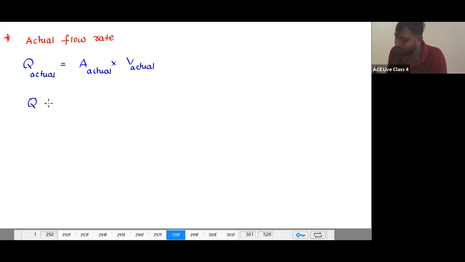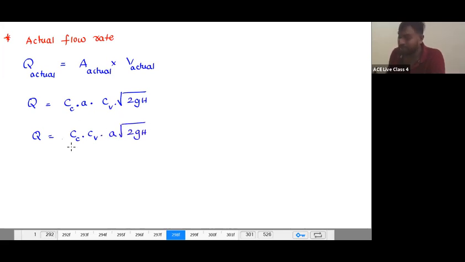So the actual discharge Q is equal to CC into A into CV into V. V is nothing but root of 2GH, so Q is equal to CC into CV into A into root of 2GH, and this CC into CV we are going to call one more coefficient, known as the coefficient of discharge.